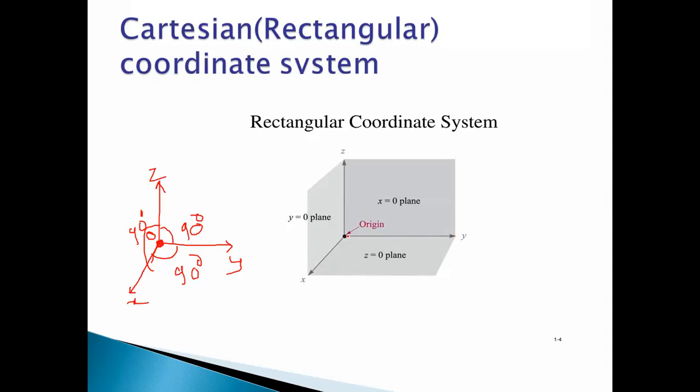Now, when we are considering the x and y plane, what is the value of z quantity? 0. Why is it 0?